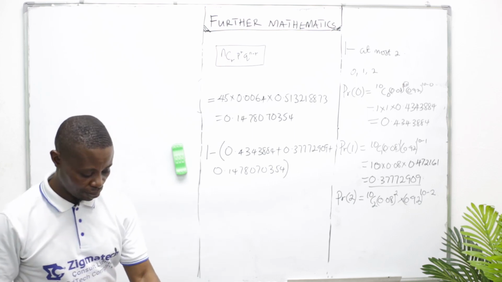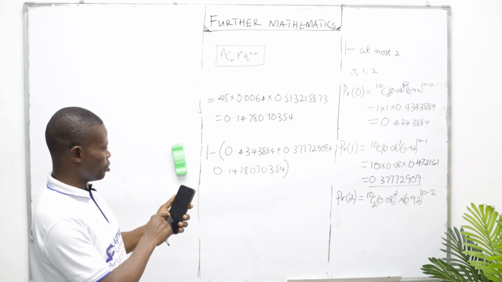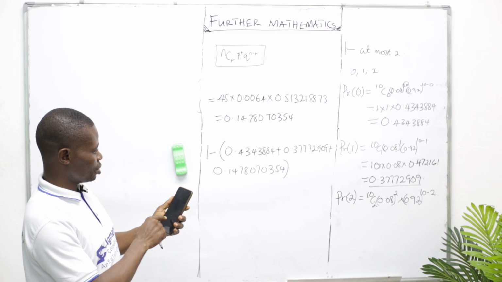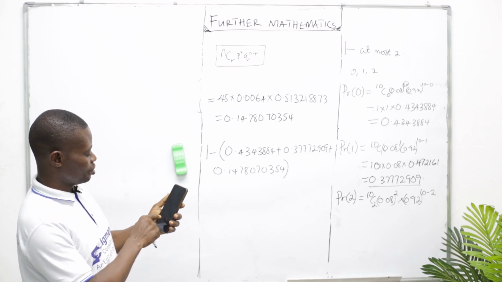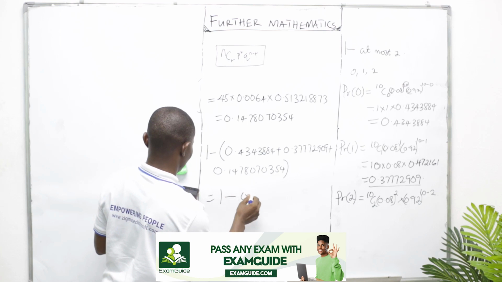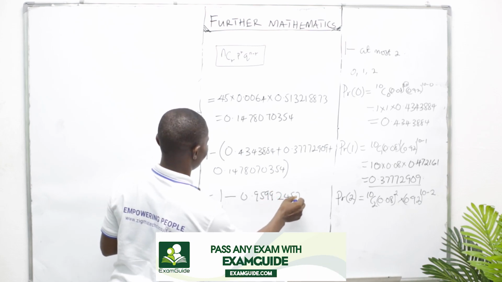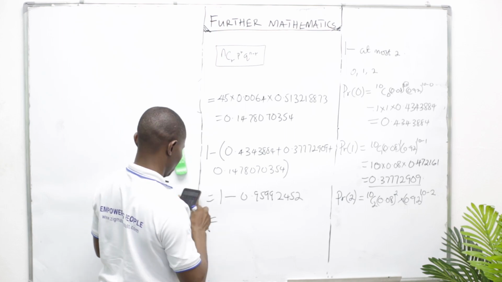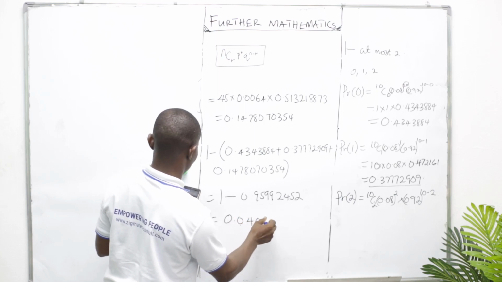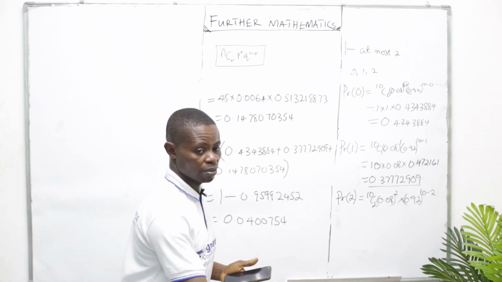Let's add them together to give us 1 minus 0.95992452. This will give us 0.0400754.